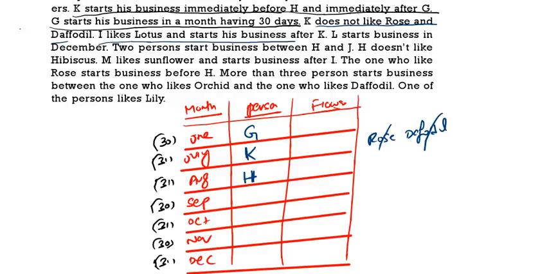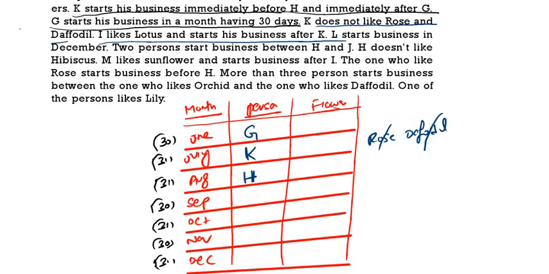I likes lotus and starts his business after K. So after K we will have I, which means we can take I anywhere, here or here or here.